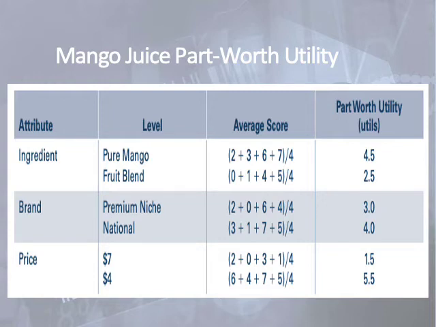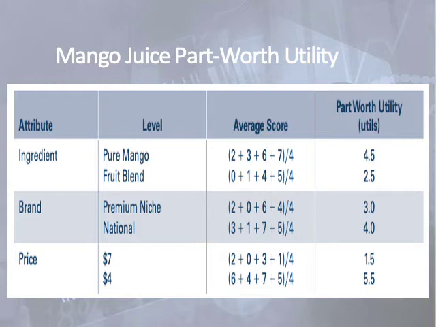And we do this by averaging the scores of the products that have that particular attribute level. So for simplicity, we will measure part worth utilities in a metric called utils. If you still remember in economics, the willingness of the consumers to pay, or the satisfaction that they could get from a particular product, is given an equivalent in the form of utils.